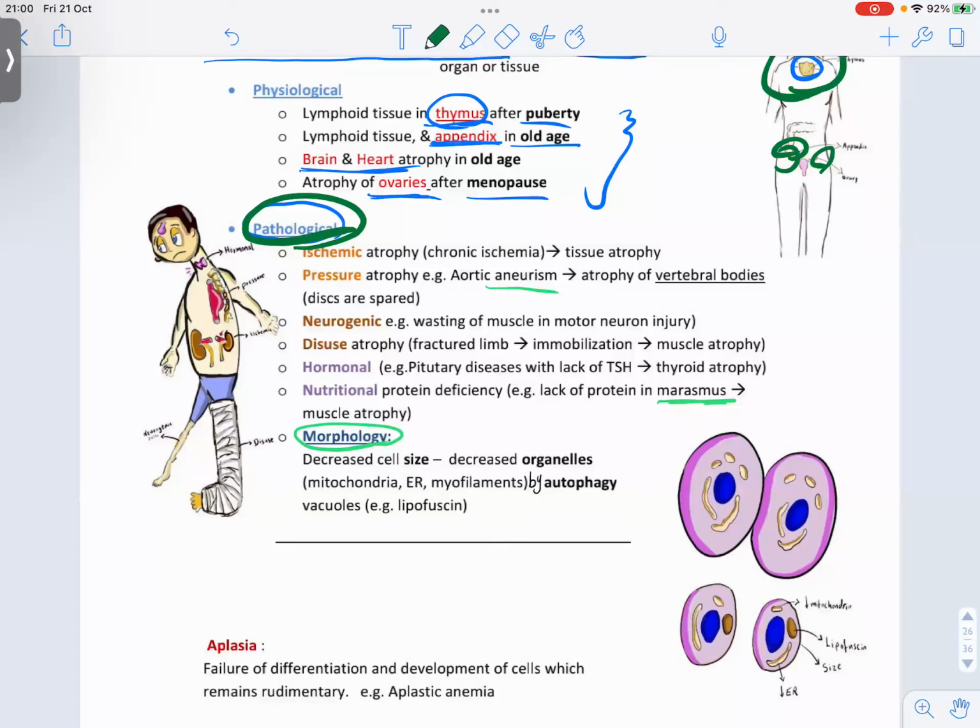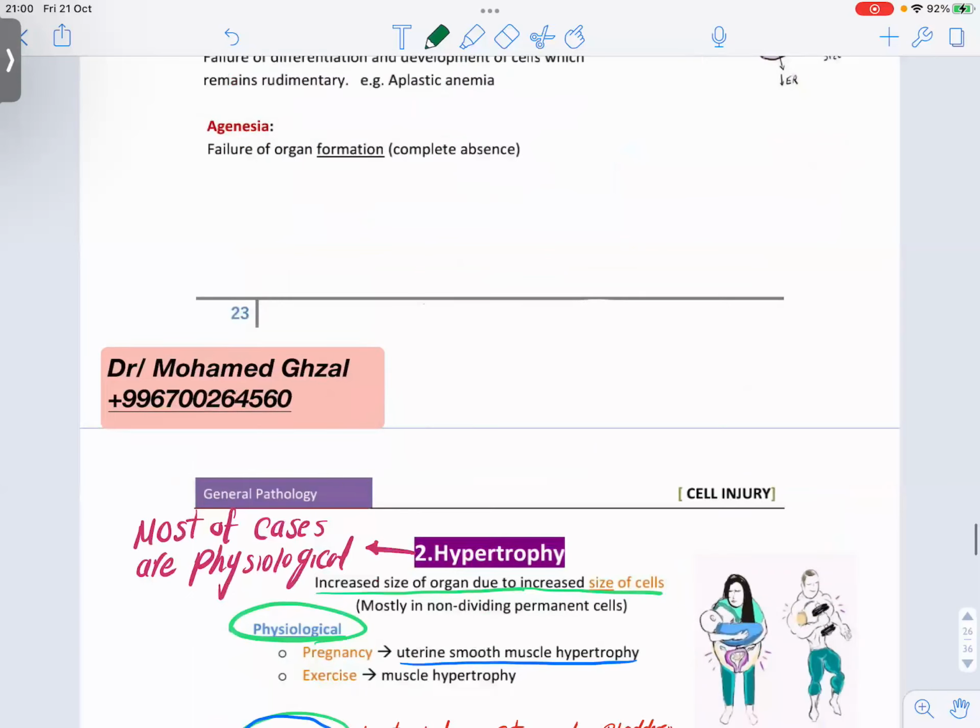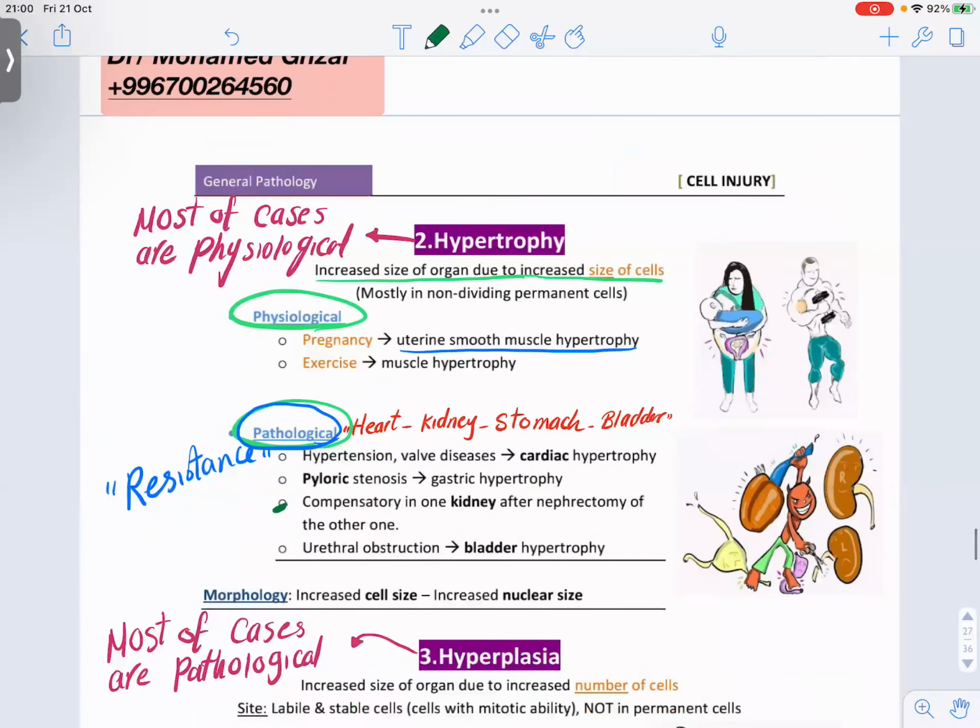And we say that in morphology, it's a decrease in cell size due to a decrease in cell organelles. And hypertrophy, we said, is an increase in organ size due to an increase in size of the cells.